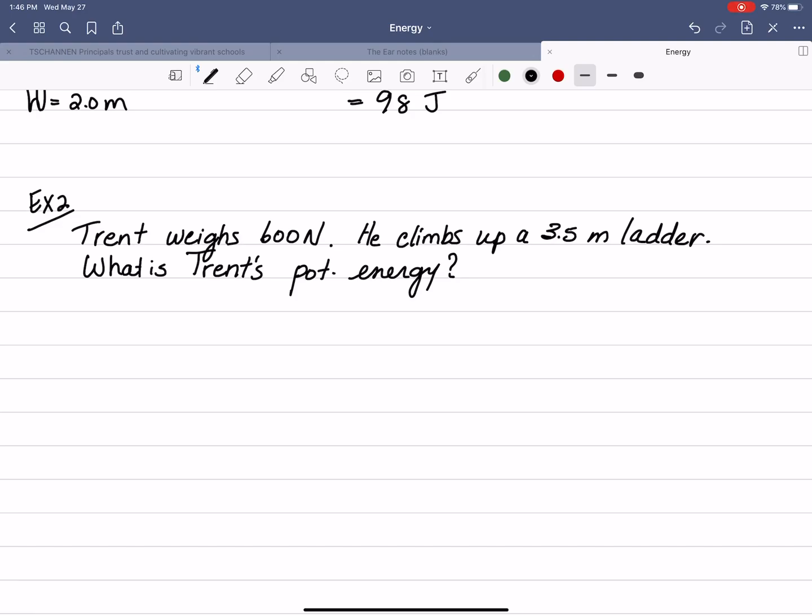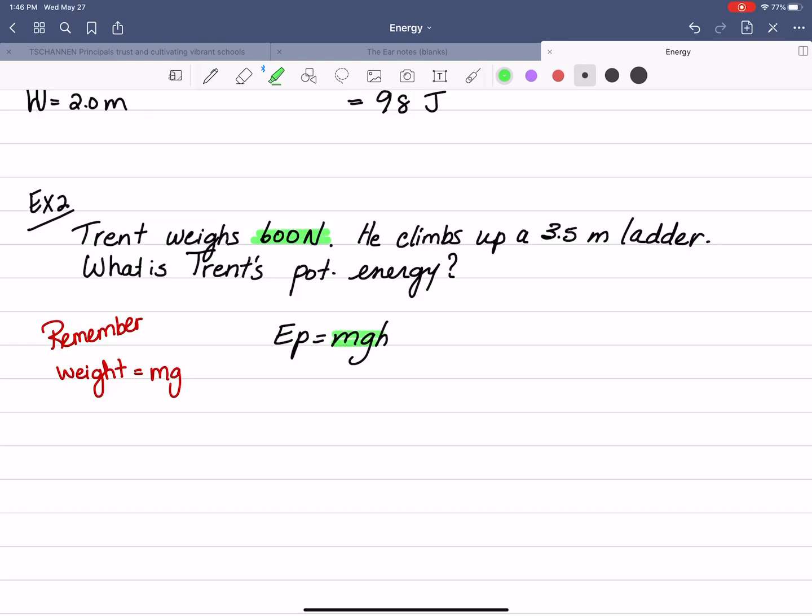So remember, that weight is a force, is mass times your acceleration due to gravity, right? So it's a force. And so then what I do have, when I look at my EP formula, by having Trent's weight, I have these first two.